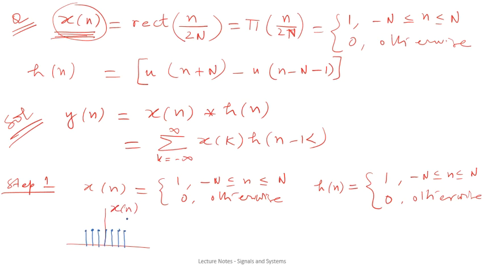So this represents x[n], from minus N to plus N, with 0 here.